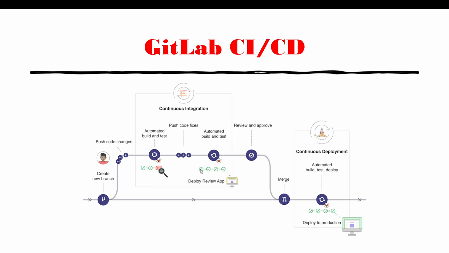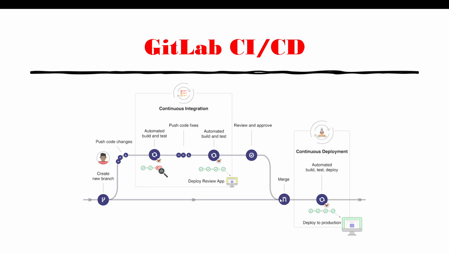Then if all the jobs within the pipeline are successful, the next step is the review and approval stage, where another team member looks at the code and reviews it, and if everything looks fine, approves it. And then we have another step called merge request.